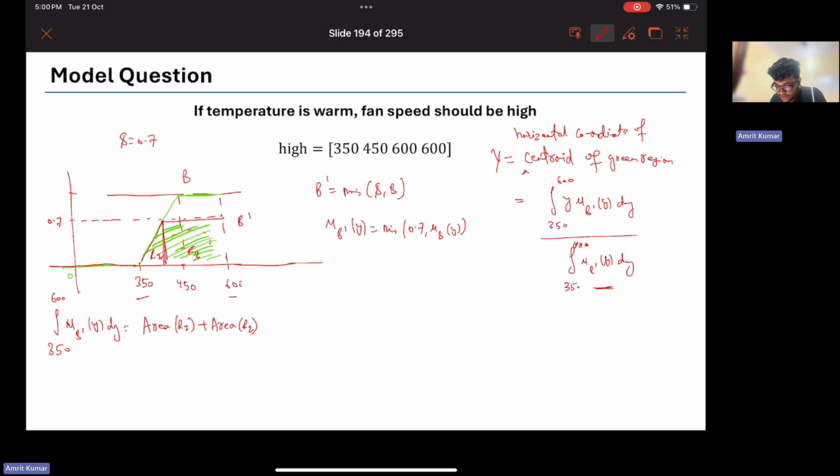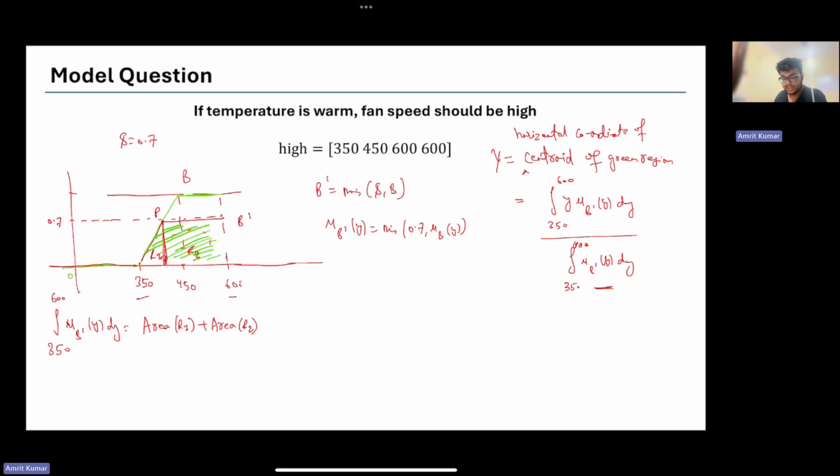Now, in order to do that, we first need to identify this particular point P, because the x coordinate of P would help us compute the base of the triangle R1.